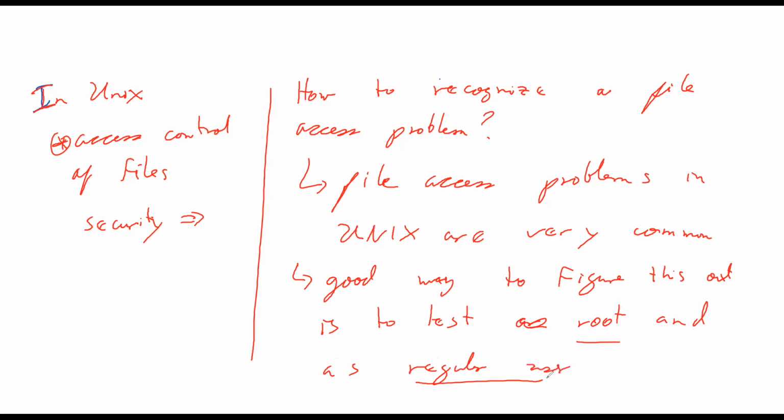So basically, if something doesn't work, you sudo up, you escalate your privilege. Does it now work? Then you do ls -l, you look at the permissions, and that's usually where a problem will happen. This is kind of its own little topic just because it's such a common thing. You might spend 30 minutes trying to figure out what the problem is, you don't get it, and usually it's a file access problem. A good way to figure this out is to test as root and as regular user.